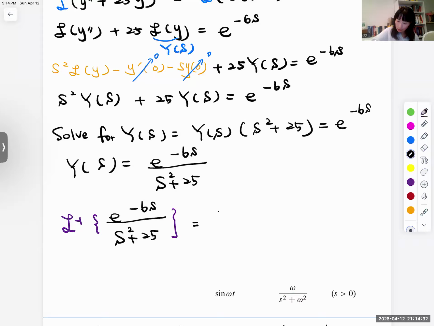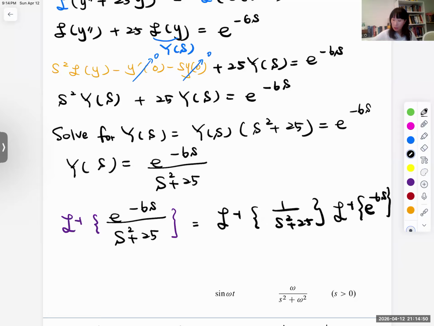Let me write down the inverse of 1 over s squared plus 25 first, then the inverse of e to the negative 6s. Let me separate. So in that case, omega equal to 5.